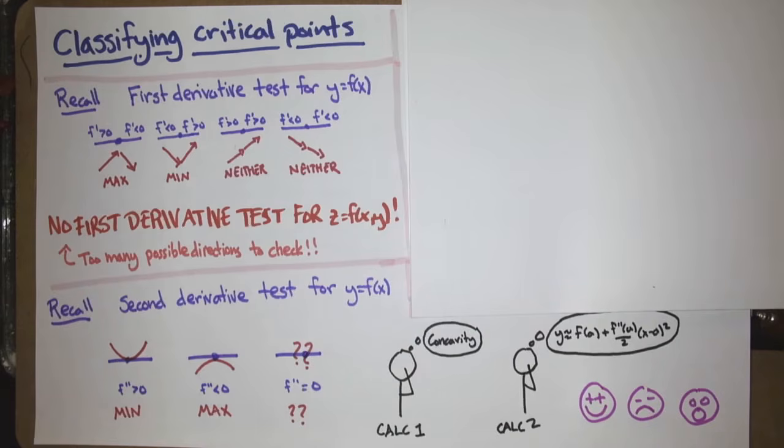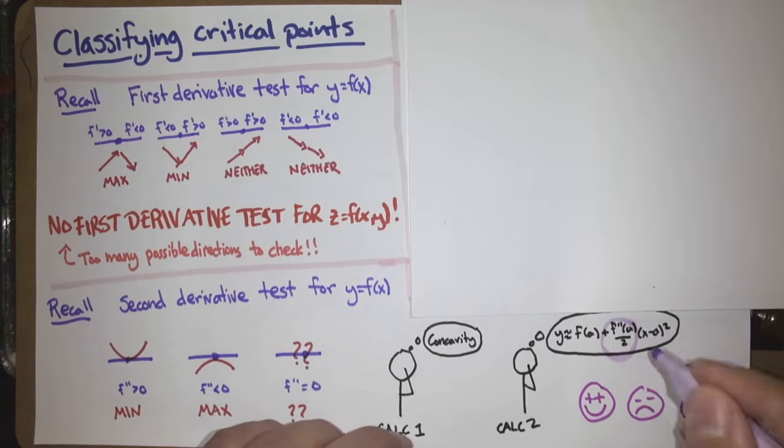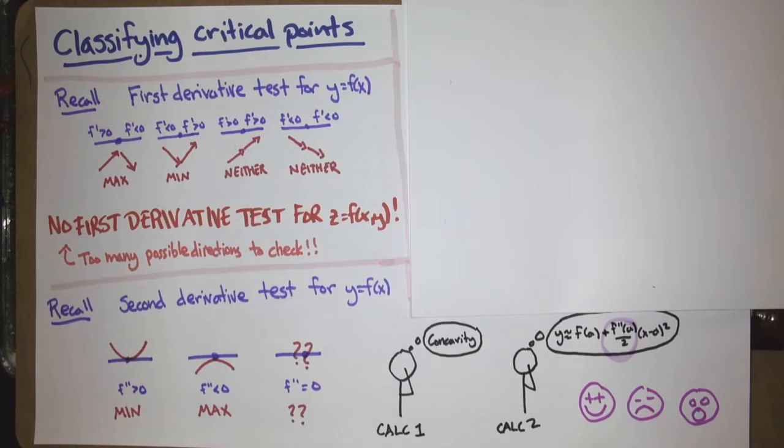We can approximate what's happening to our function by the value of the function. We're at a critical point, so f prime of a goes away. And then there's the next term in the Taylor polynomial, this f double prime of a over 2 times x minus a squared. In particular, this part is driving behavior.